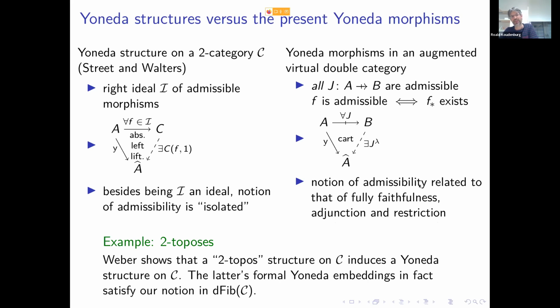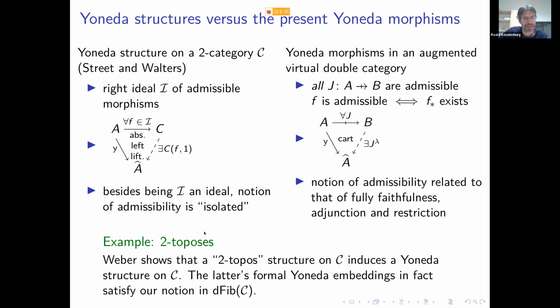So our notion of admissibility is a bit more inherent to the setting, and that makes it more related to other notions, and that will be an advantage, as we will see.